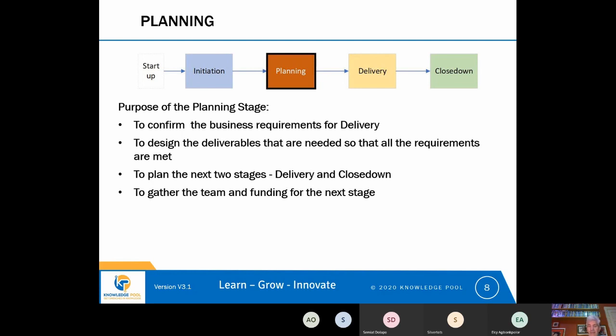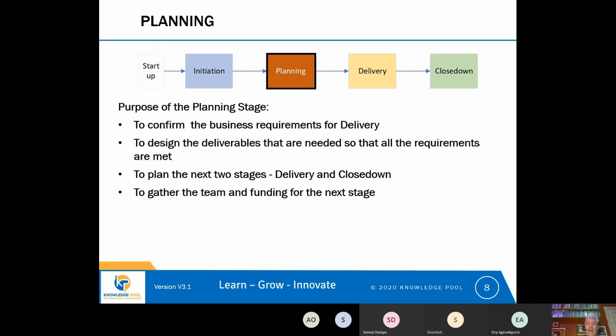But actually in planning, we do also plan the close down stage. And the reason that we plan those two stages at once is that the close down stage is actually a very small stage. As we'll see later, the close down stage doesn't have a lot of tasks in it, doesn't have a lot of activity.